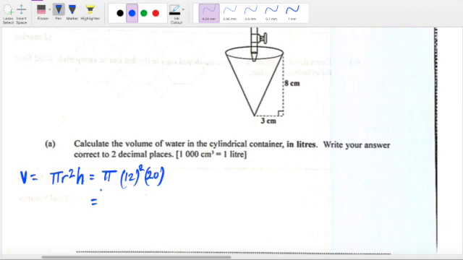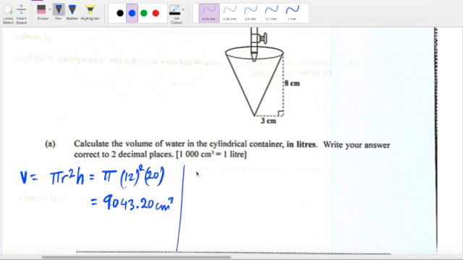And then I'll multiply that by 3.14. So I'll use pi as 3.14. And I got 9043.20 cm cubed.